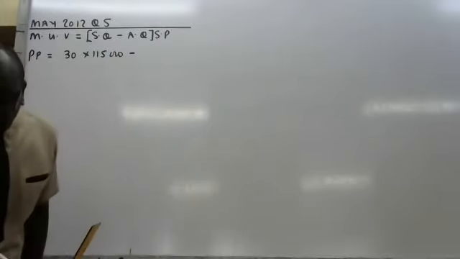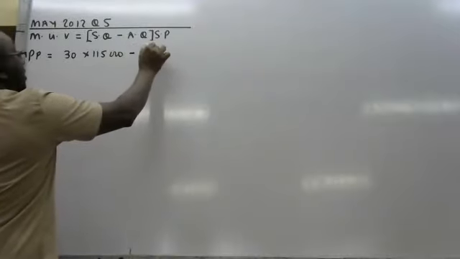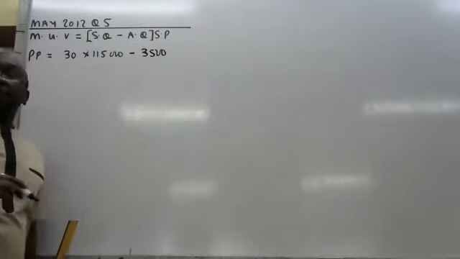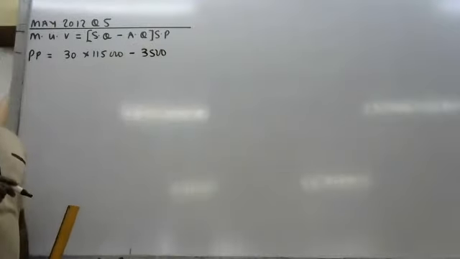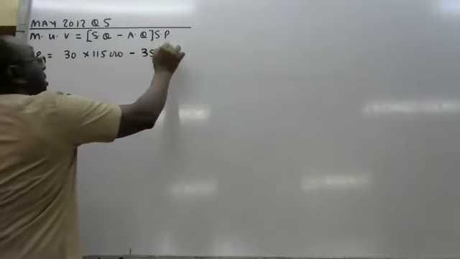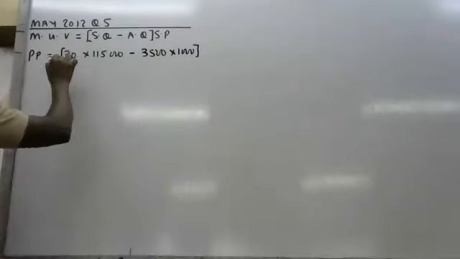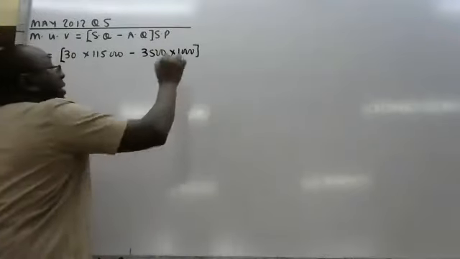The actual quantity that was used was 500 kilograms. Now 1 kilogram has how many grams? So this one must be multiplied by what? 1,000. And the standard price per gram is 0.8.